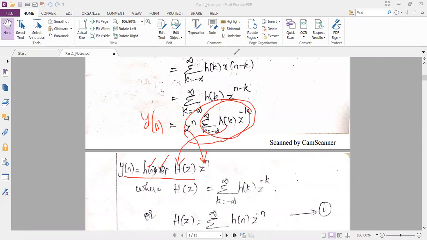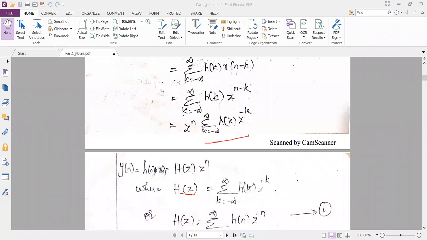So this we are doing on our own. We are just writing this complete summation h of k z power minus k as capital H of z. So in the next line, I have written where H of z is equal to summation k equal to minus infinity to plus infinity h of k z power minus k.